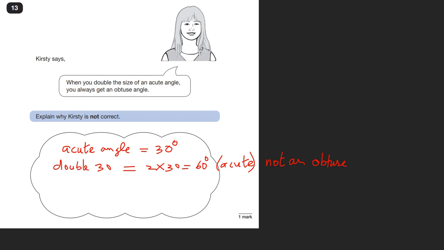Or you can say another angle, so double, say 45 degrees, which is 90 degrees. 90 degrees is not an obtuse angle, it's a right angle. So you can give examples to prove that you are right.